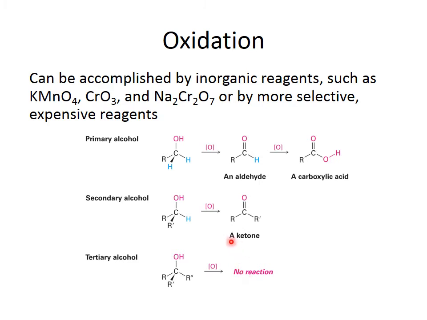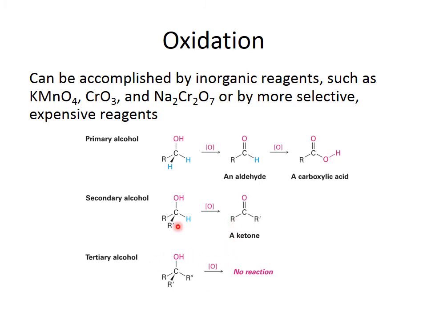Because in oxidation, what you always have is a proton on the carbon attached to the oxygen that is removed by the oxidation. So you can see that a primary alcohol, because it has two hydrogens attached to that carbon, can undergo a two-step oxidation. A secondary alcohol, because it has one hydrogen attached to that carbon, can undergo a one-step oxidation, but tertiary alcohols cannot undergo them.